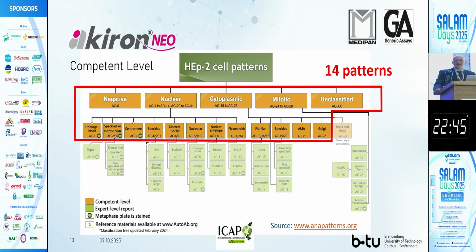What we have aimed at is to develop software that covers all 14 patterns of the competent level. To my mind, this is just what you need in routine autoimmune laboratories to do an appropriate ANA detection. That is the first stage in the two-tier approach for the serological diagnosis of systemic autoimmune rheumatic diseases.